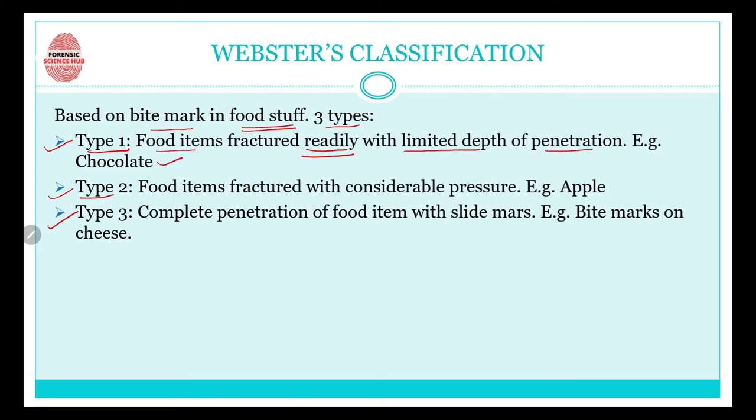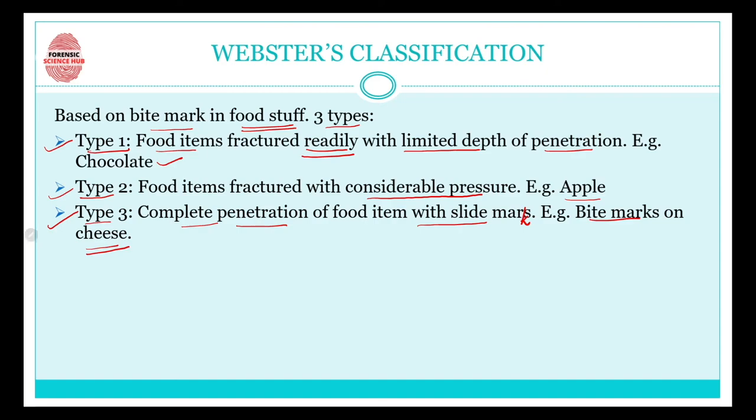In type 2, food items that are fractured with considerable amount of pressure, then that comes under type 2. An example for this can be apple. And in type 3, all those foods come in which there is complete penetration of the food item with slide marks, like for example the bite marks on cheese. So these were the 3 types in Webster's classification.